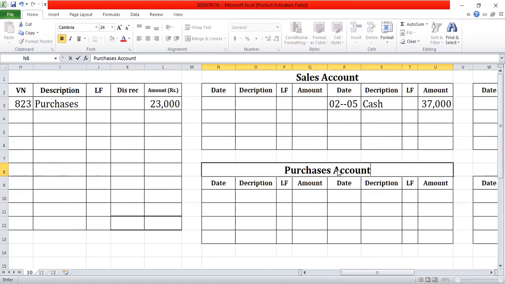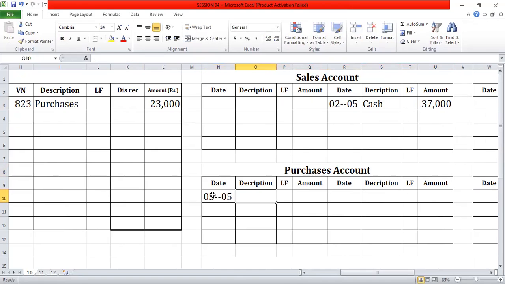On the same day, that means on 5th of May, we have to debit the purchases account. Amount is 23,000. Okay. Good.